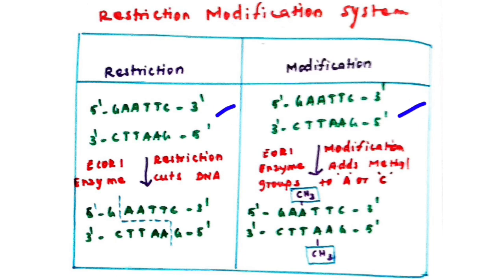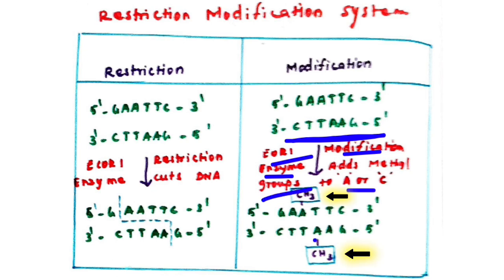This is the sequence present in the bacteria's own DNA. This is the sequence present in the bacteriophage DNA. The sequence in bacteriophage DNA is cut by the EcoRI enzyme, whereas the EcoRI restriction site present in the bacteria's own DNA is protected by the EcoRI modification enzyme, that is methyl transferase, by adding a methyl group to an adenine or cytosine base.